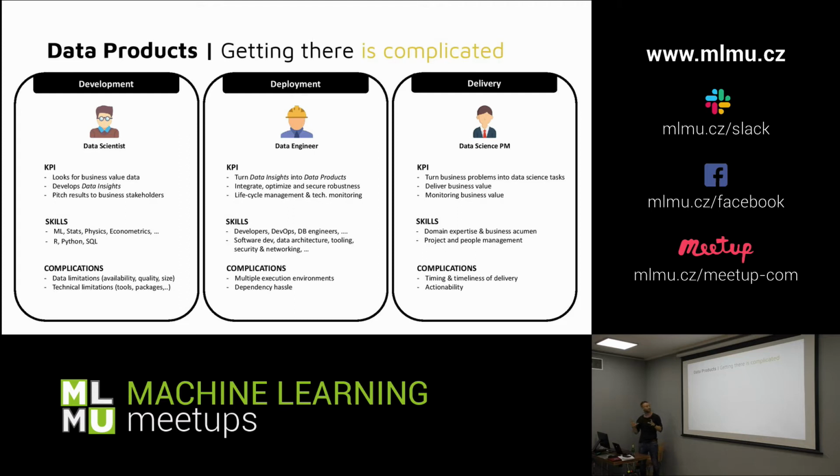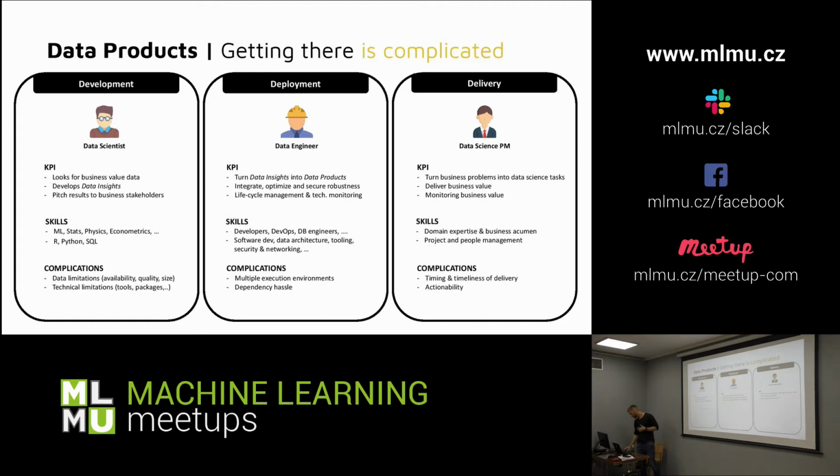is a procedure composed of 3 steps, which are development, deployment, and delivery, and these 3 steps have different key persons, key stakeholders in the process. And these different stakeholders have different KPIs. All of these people are trying to get to a data product at the end of the day, but they are following slightly different tracks.